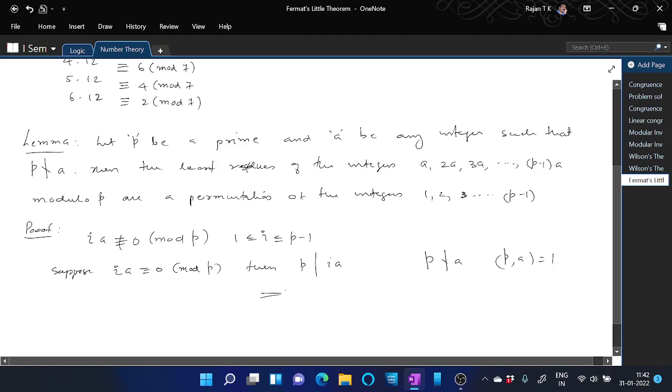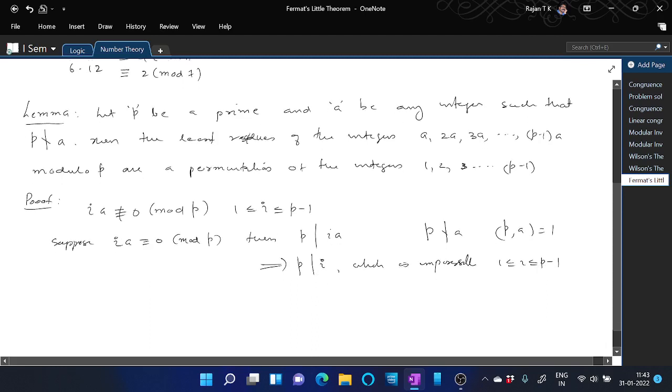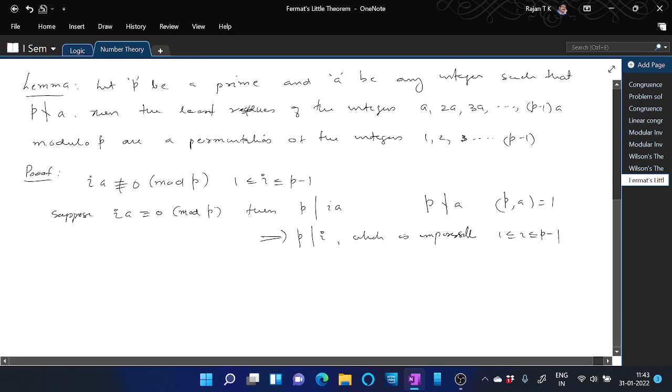And therefore this implies p divides i, which is impossible since i is such that 1 less than or equal to i less than or equal to p minus 1. i is a number in between 1 and p minus 1, so p cannot divide i. And therefore ia is not congruent to 0 mod p for any i, 1 less than or equal to i less than or equal to p minus 1.